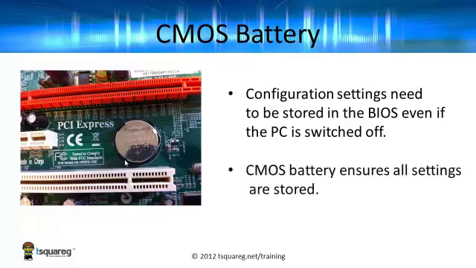In fact, when it comes to troubleshooting your PC, if you notice that the time settings aren't always what they should be, it's probably because you need to change your CMOS battery. So try and remember that.